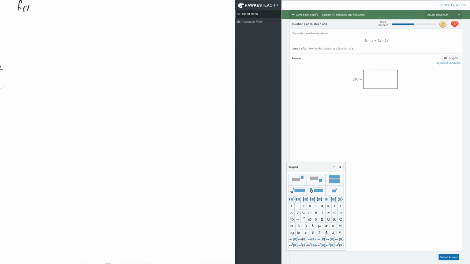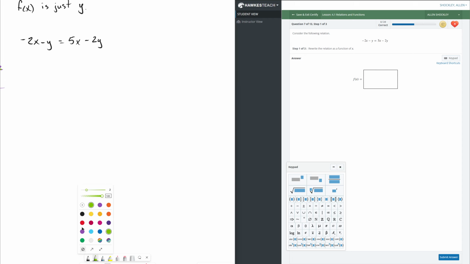So f of x is just y. It's a fancy y, but it's just y. So we can take our negative 2x minus y equals 5x minus 2y, and we can solve it in terms of y, or in terms of x, but getting y by itself.